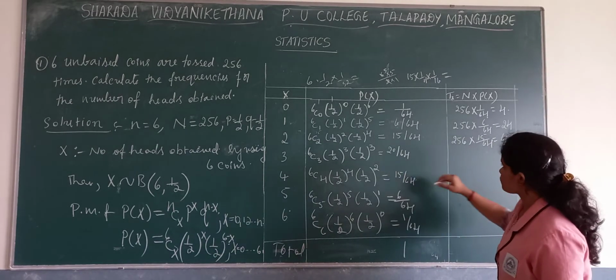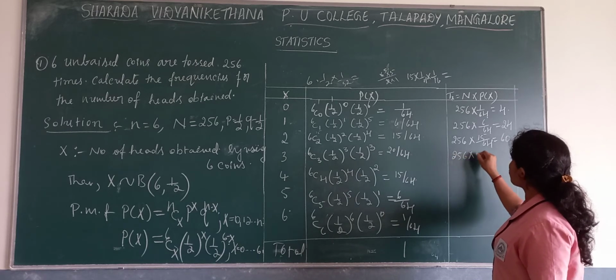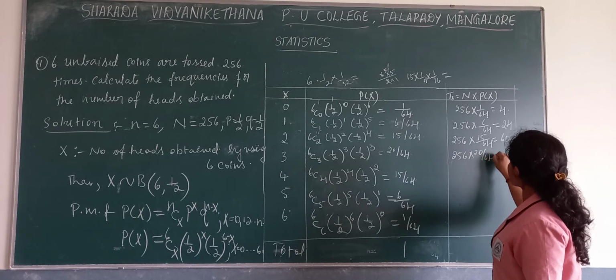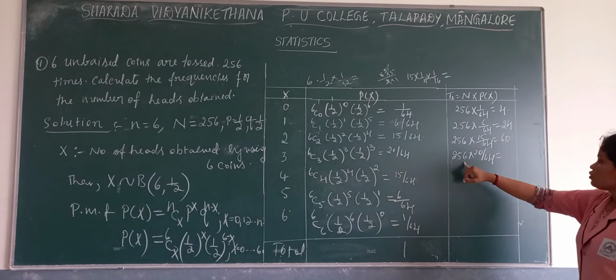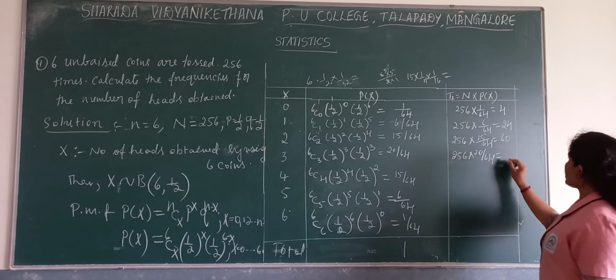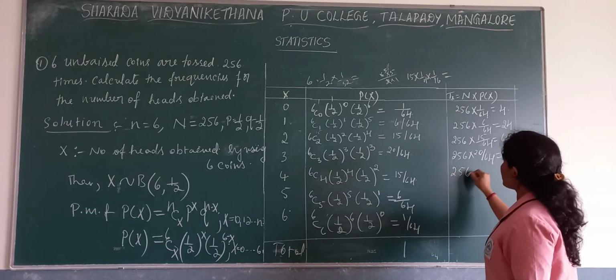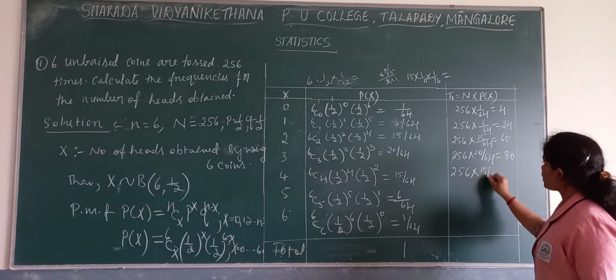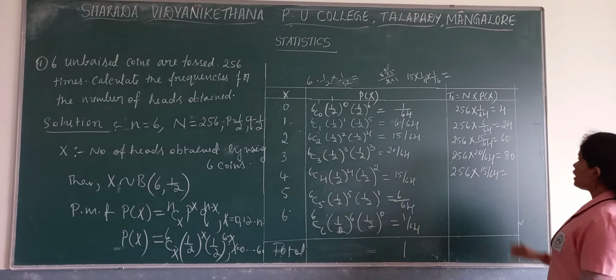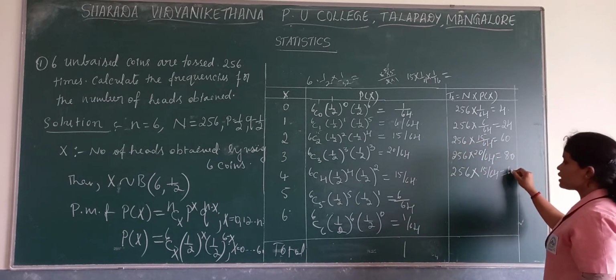Then the next one, 256 into 20/64, there you get 80. Then 256 into 15/64, again the same combination, you get 60.